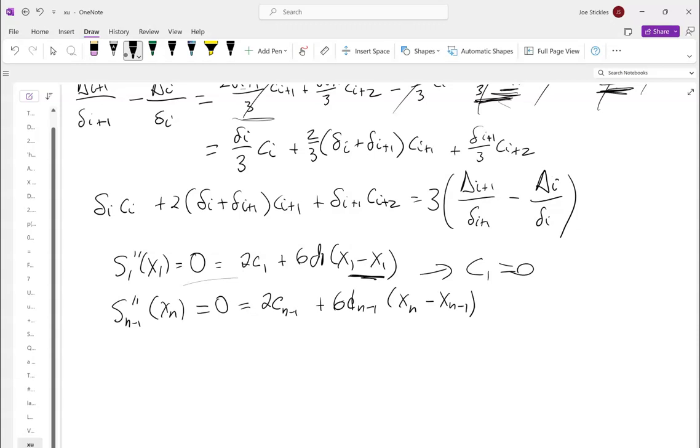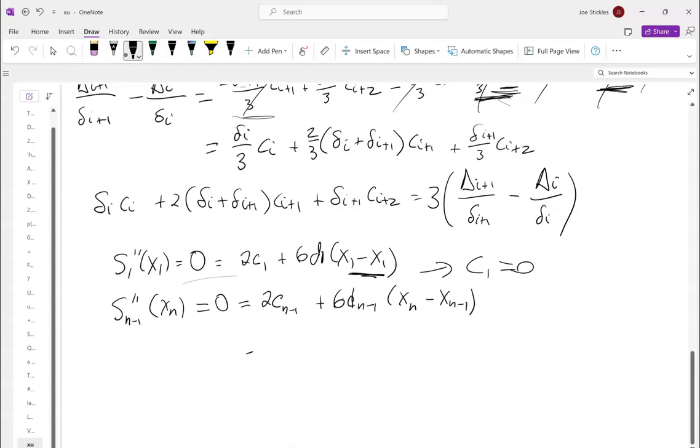Because again, remember we're doing 1 to n, or 1 to n minus 1, I should say. Sorry. So anyway, look at this last coefficient that we'll have. There is a c sub n that's implied in here. Remember, our d sub n minus 1 would be c sub n minus c sub n minus 1 over 3 delta sub n minus 1.